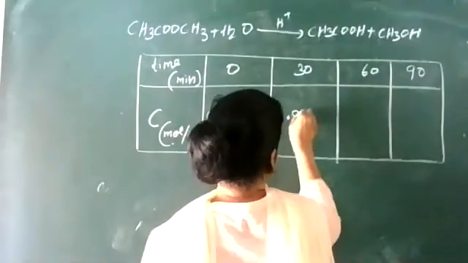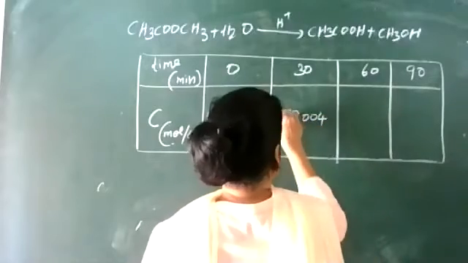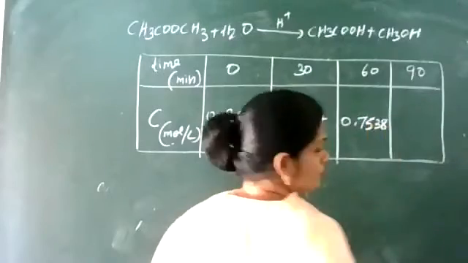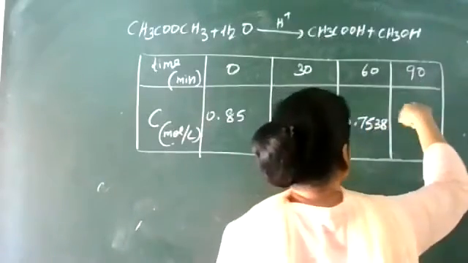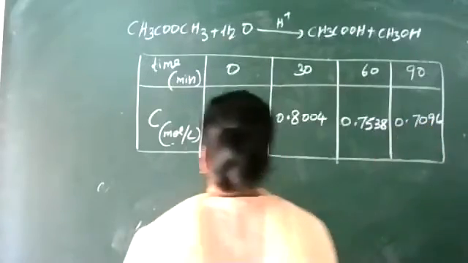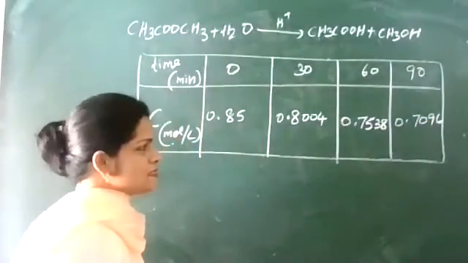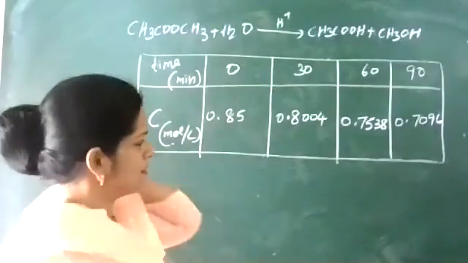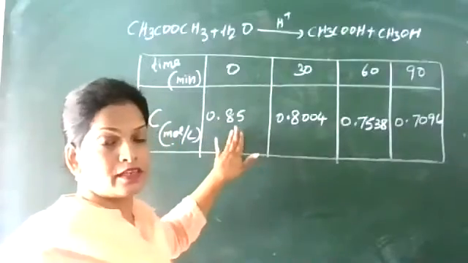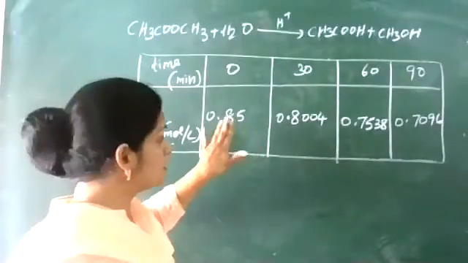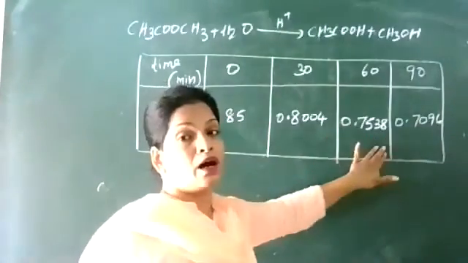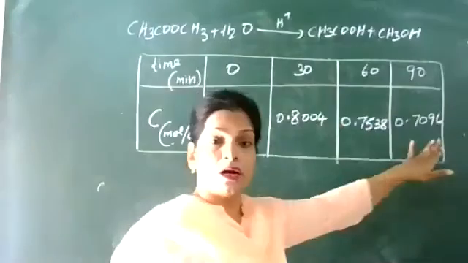After 30 minutes, 0.8002. After 60 minutes, 0.7538. After 90 minutes, 0.7096. As time passes, the concentration of the reactant decreases. The initial concentration is R0, and at the later times it is R.